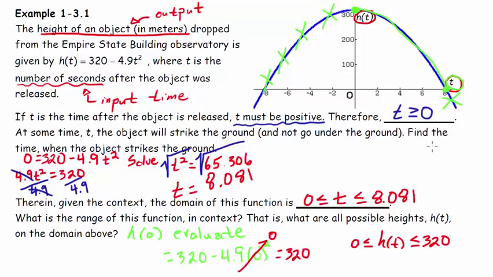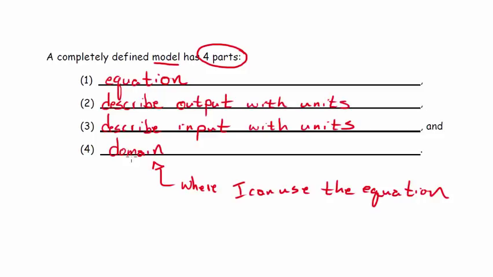Okay, it's not going to be underground. So I need an equation, which we have. I need to know what the output is, the height. I need to know what the input is, the time. And the last thing I need is a domain. I need to know where it makes sense to use this equation. Alright, so these are the 4 parts of a model.